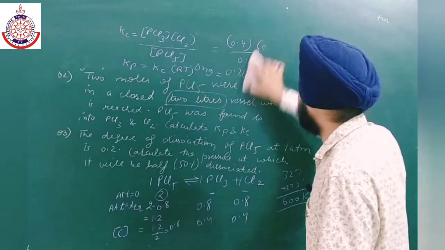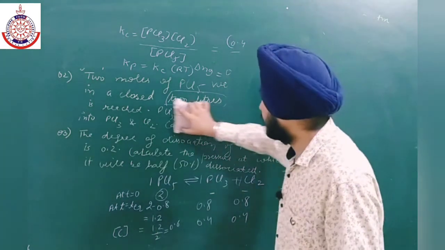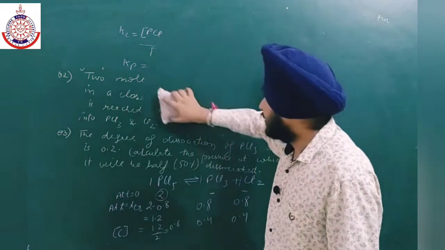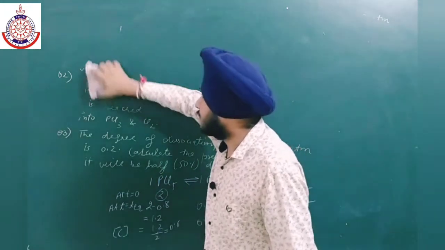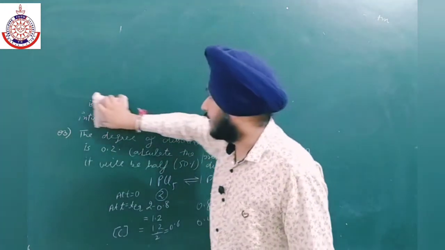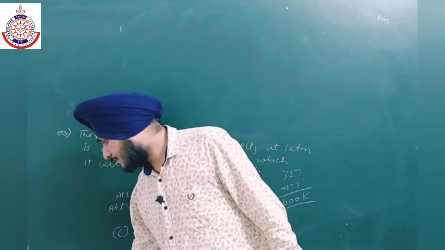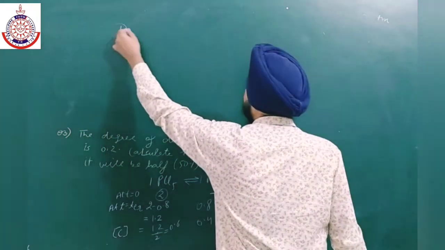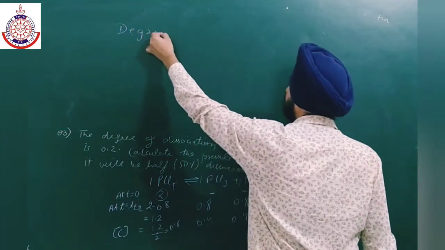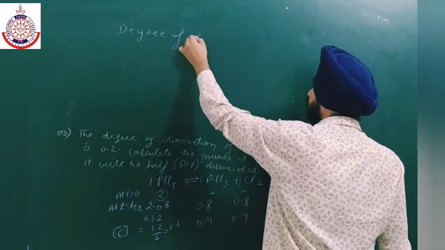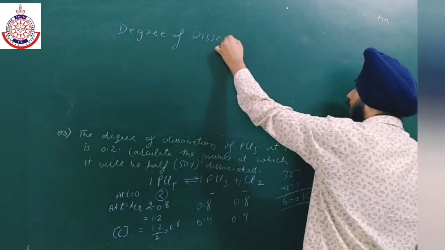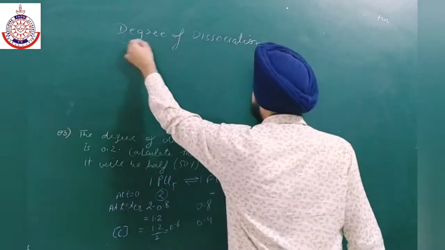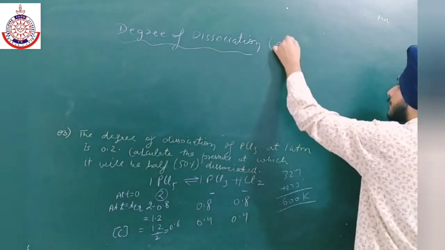Let's move on to the last one, and this is a very important numerical problem. The degree of dissociation is given to us. So firstly we should know what is degree of dissociation. Degree of dissociation is the number of moles dissociated. This is a very important topic, and it is denoted by alpha.